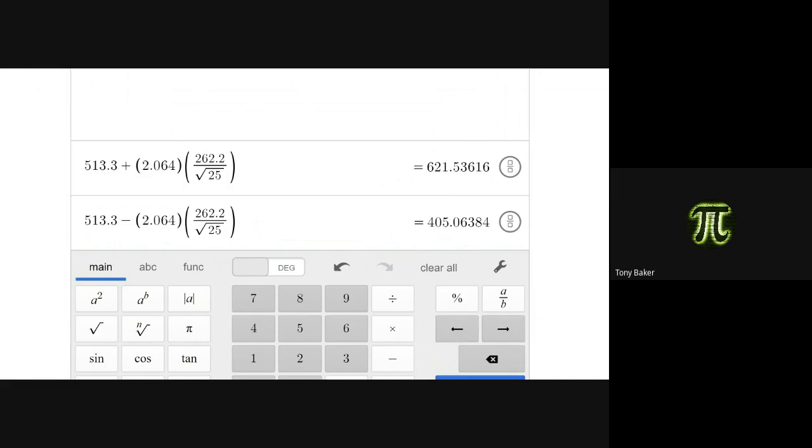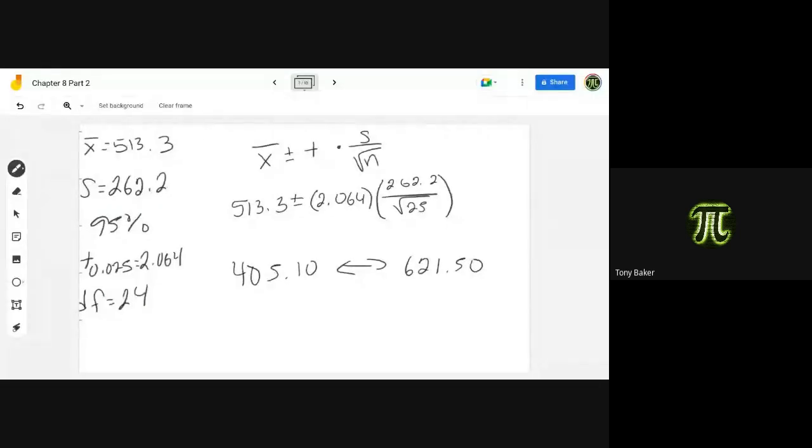So 405 to 621.07. I'll write it to 2 decimal places just because it's money.